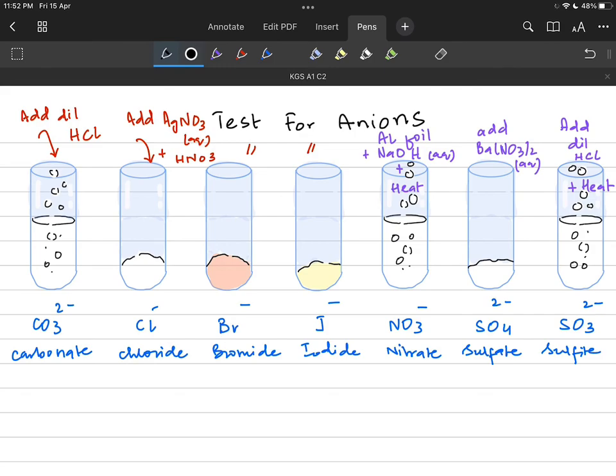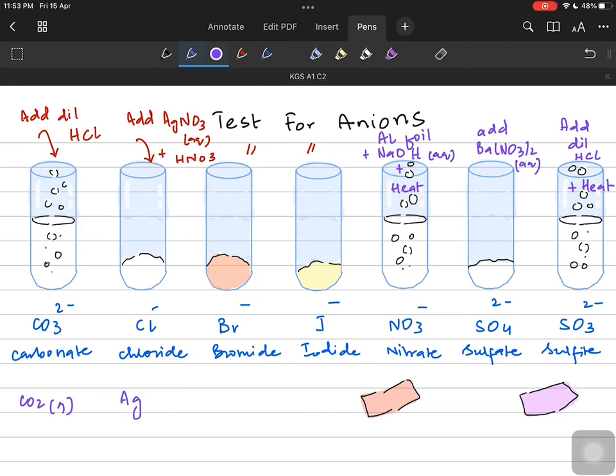What are the observations? For carbonate, nitrate, and sulfite, you will see effervescence, while chloride, bromide, and iodide have precipitates. In the test for carbonate, you see carbon dioxide gas. The chloride gives a white precipitate of silver chloride, bromide gives a cream precipitate of silver bromide, and iodide gives a yellow precipitate of silver iodide. In nitrate, you will receive ammonia gas upon heating, which can be confirmed with red litmus paper turning blue.